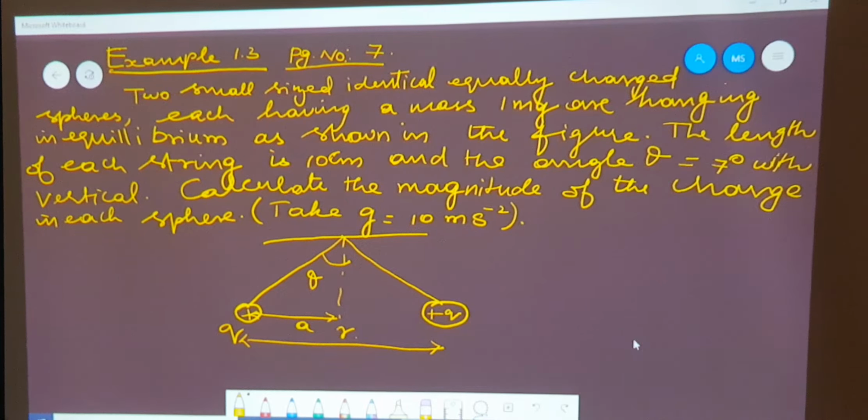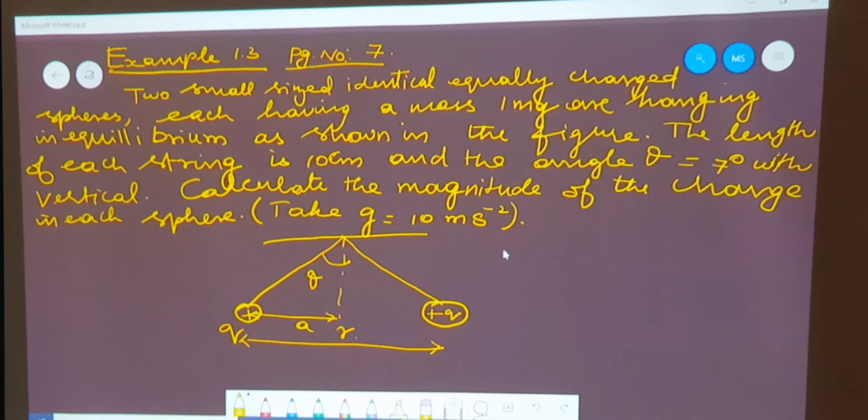The length of each string is 10 centimeter and the angle theta, which is equal to 7 degree, is made with the vertical. Calculate the magnitude of the charge on each sphere, and take the acceleration due to gravity g as 10 meter per second square.